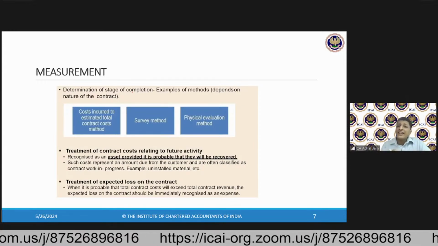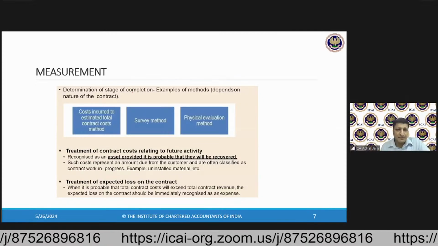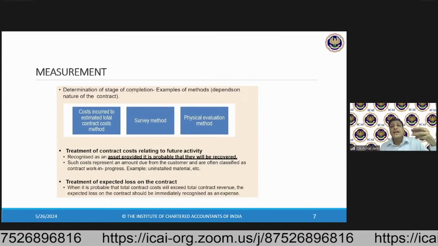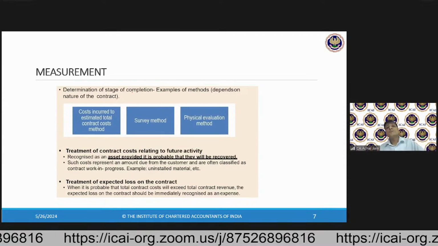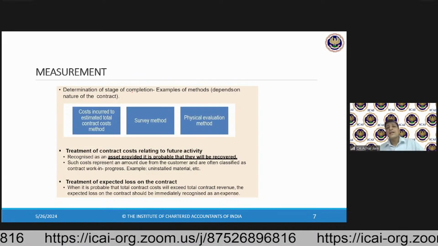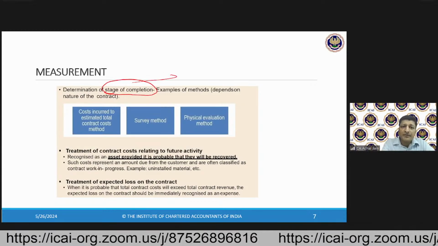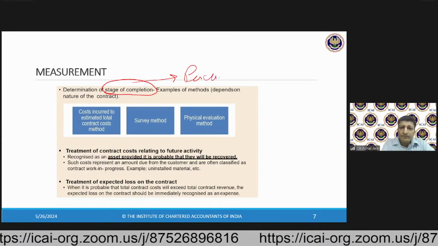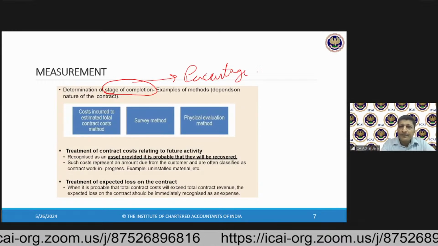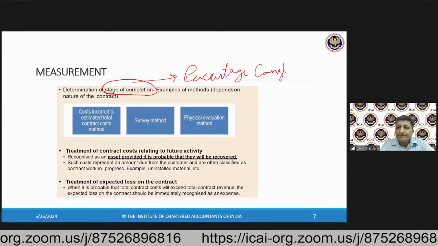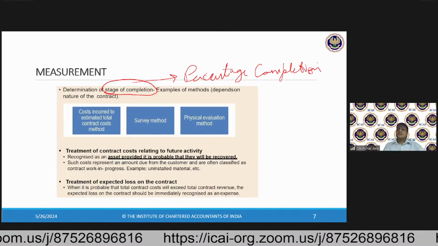For this, again, some methods have been prescribed by the standard itself. The standard says there are some methods which the company can use for the purposes of calculation of percentage completion, which is also called stage of completion. So what are the methods?